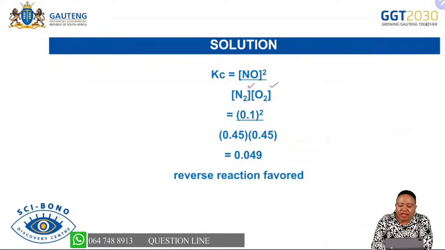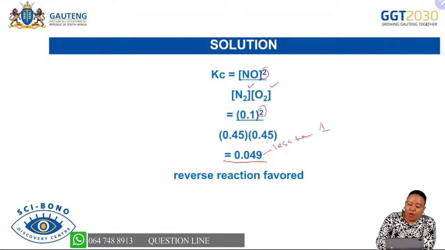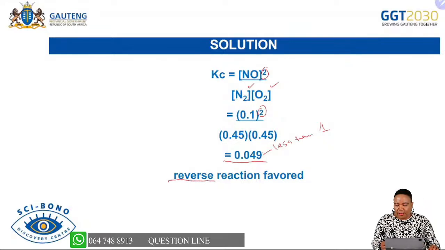And we find that this one was 0.1, and then it's going to be squared, because the squared is here, divided by 0.5 multiplied by 0.5, and our Kc value becomes 0.049, and this one we can see is less than 1. So we agreed that if the Kc value is less than 1, it is telling us that the reverse reaction is favored.